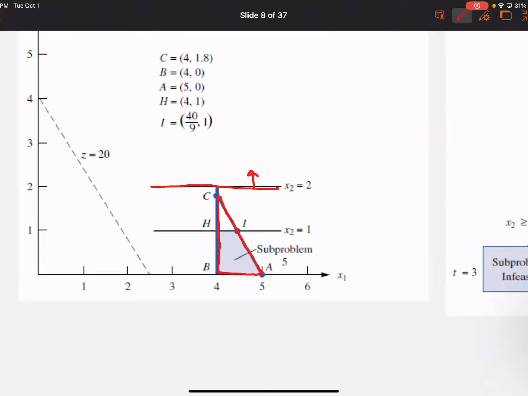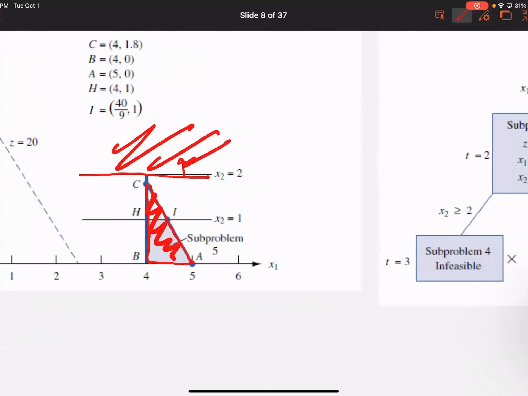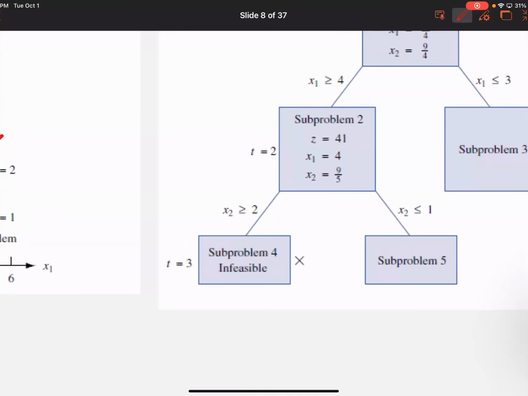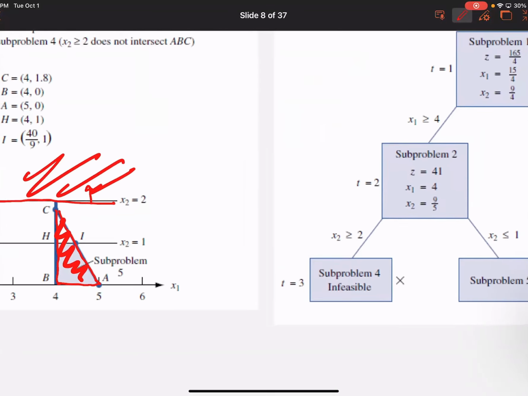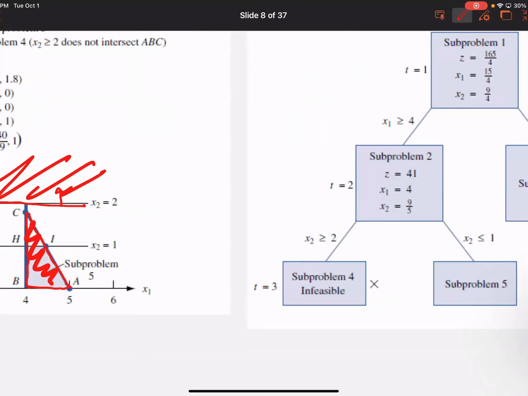It's empty. There is no intersection between this and that original one. So subproblem 4 is infeasible. That's why we do not continue here. We don't even check it. There's nothing to check.